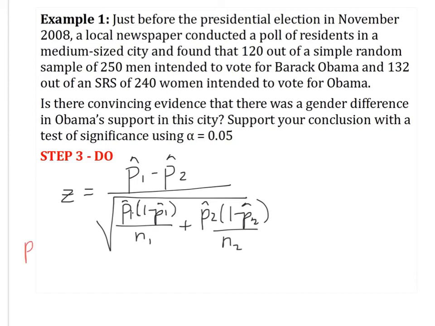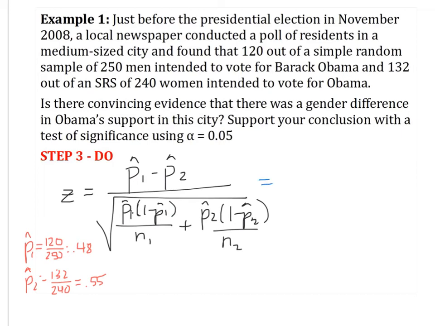Just to recap, P hat 1 was 120 out of 250, which was 0.48, and P hat 2, or the proportion of women, was 132 out of 240, which was 0.55.